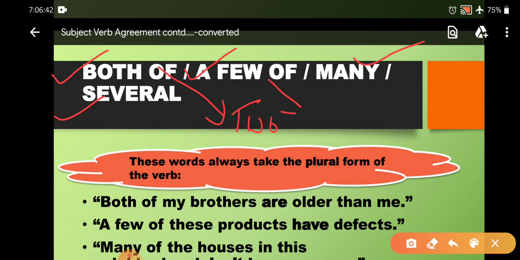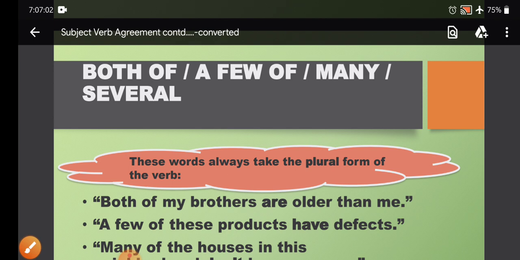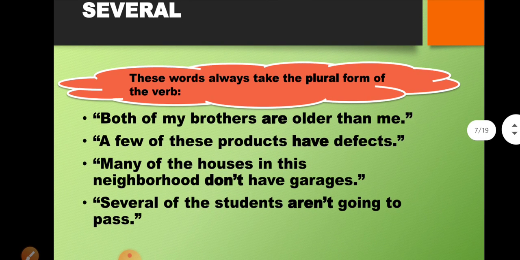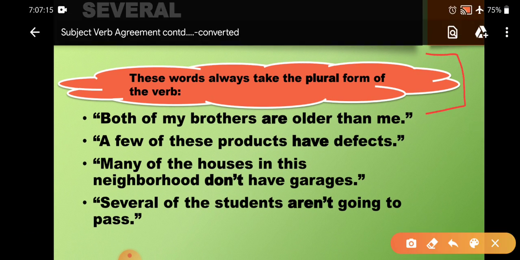A few of means some objects, countable things. Many, of course, many is plural, that you know. Several also refers to plural, right? So these words, both of, a few of, many, several, they always take plural form of the verb. You need to remember this.